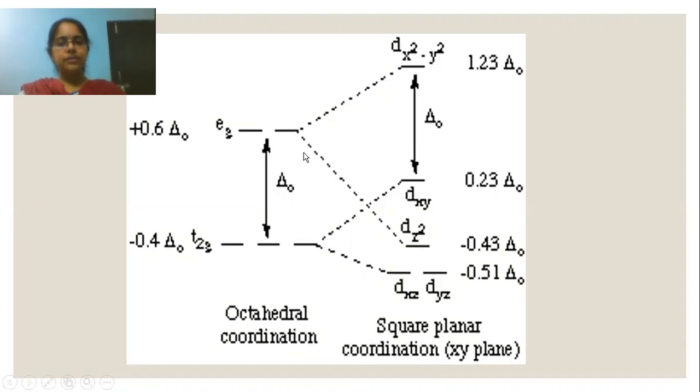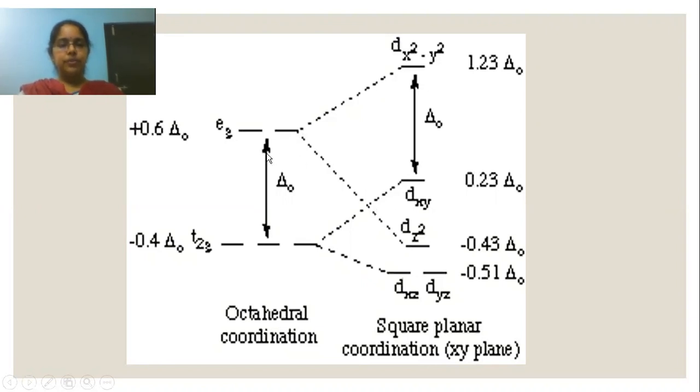Now, when the ligands in the Z plane are completely removed, the eg set, dx square minus y square and dz square, again splits into 2 sets of different energies.